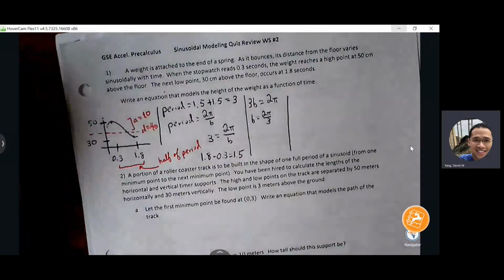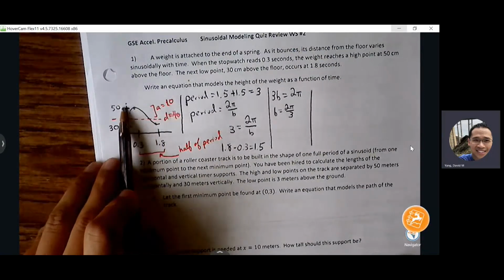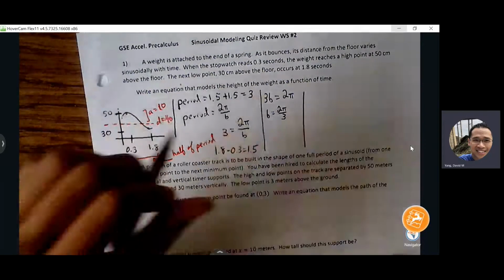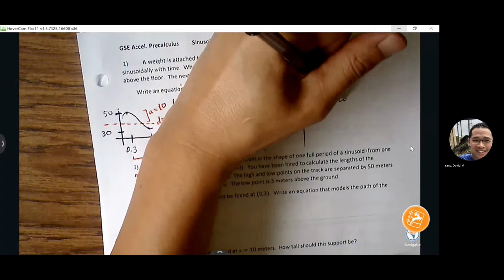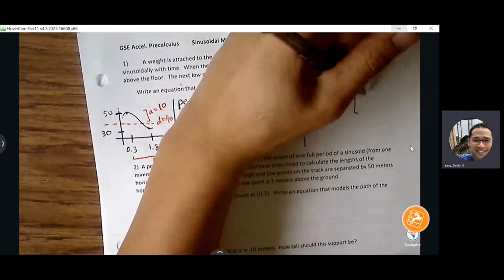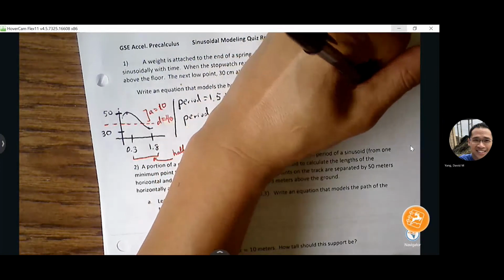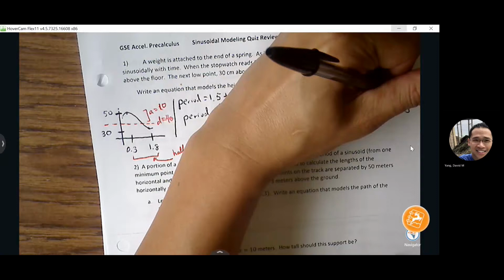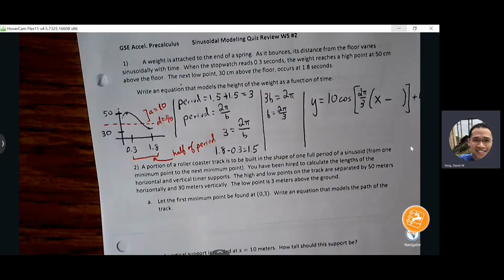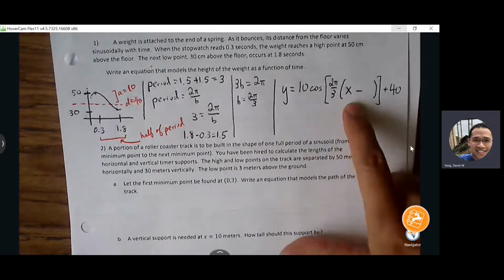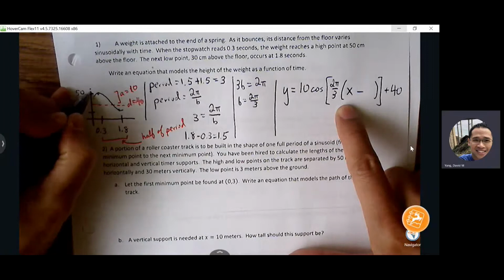So I think cosine is going to be the better fit because I would like to start at the peak. I just need to shift it to start here. So I'm going to create an equation here. The equation that I have right now, we don't see it, because this is centered starting at 50.